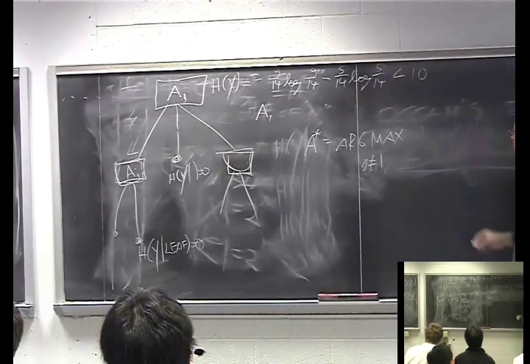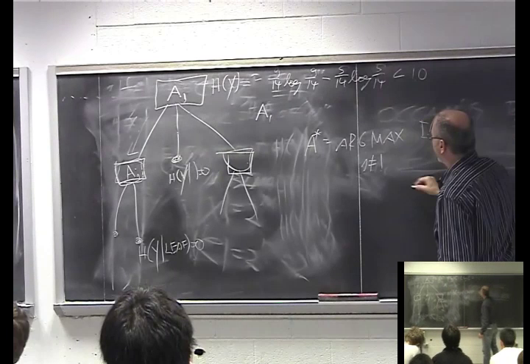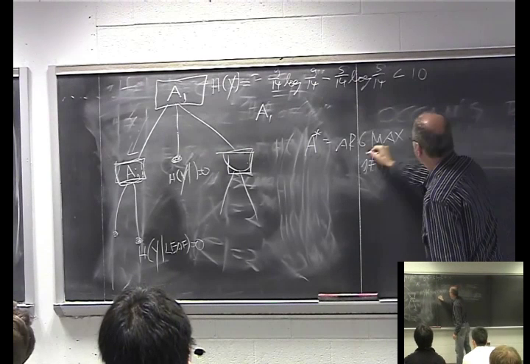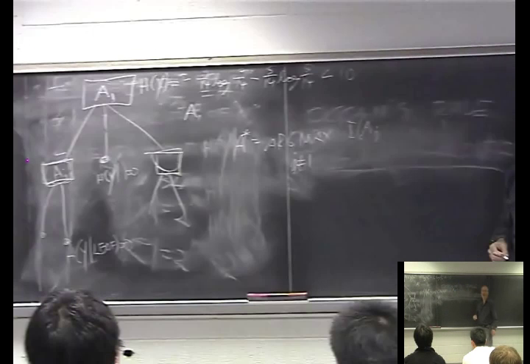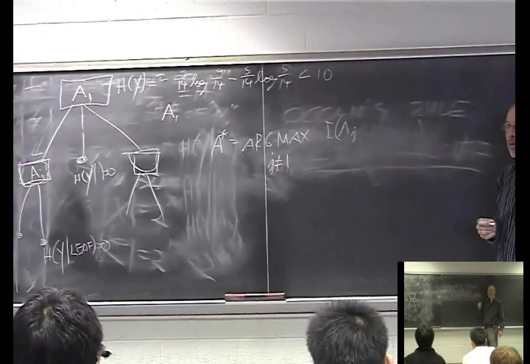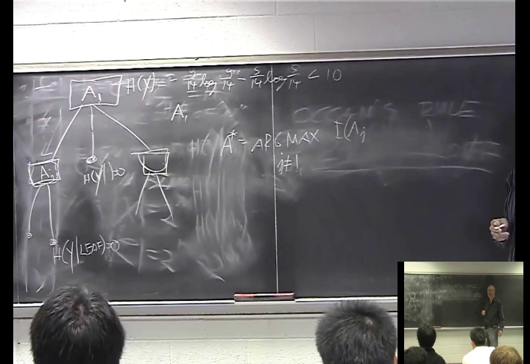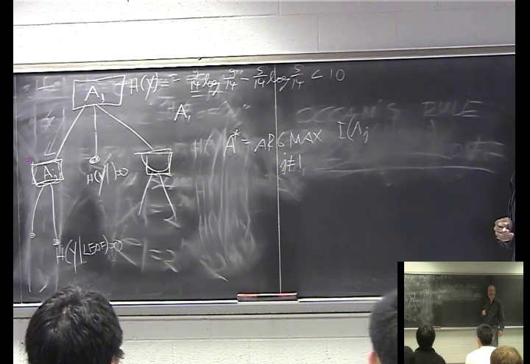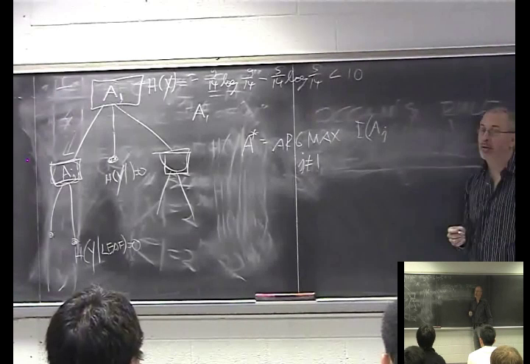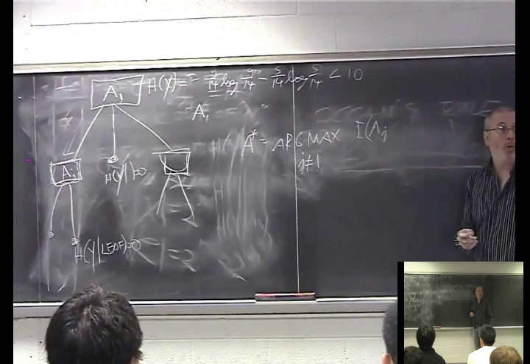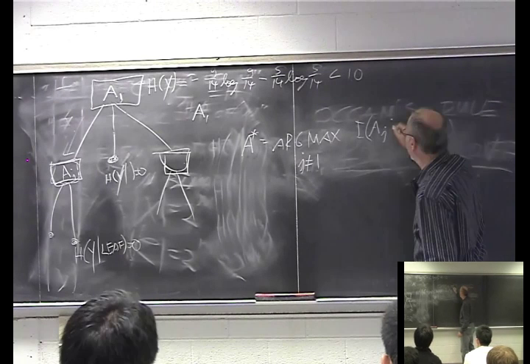What is going to maximize? The mutual information between this new attribute J and what? How do you complete this? Y given, thank you. Y.